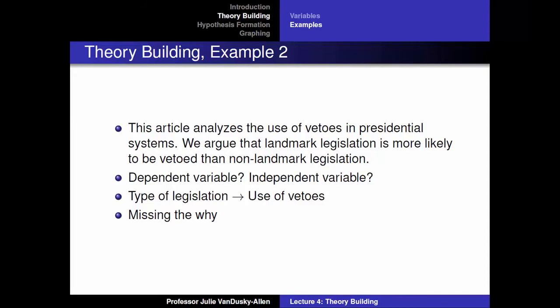Landmark or non-landmark legislation, as the type of legislation influences the use of vetoes. How does the independent variable influence the dependent variable? Landmark legislation is more likely to be vetoed than non-landmark legislation. So we know how landmark legislation influences vetoes, but do we know why? We cannot tell from this model. Hence, it is a poorly written model.